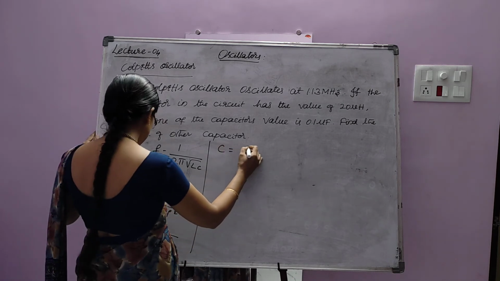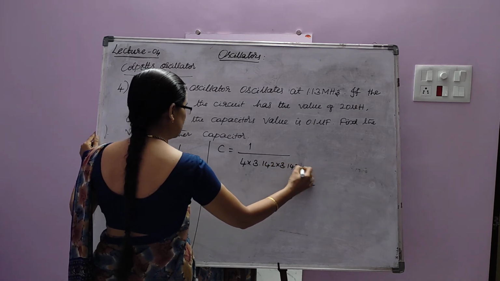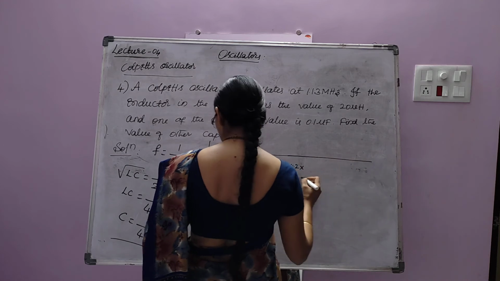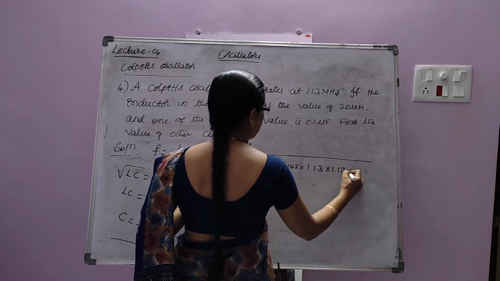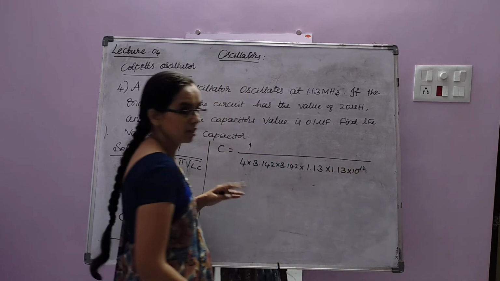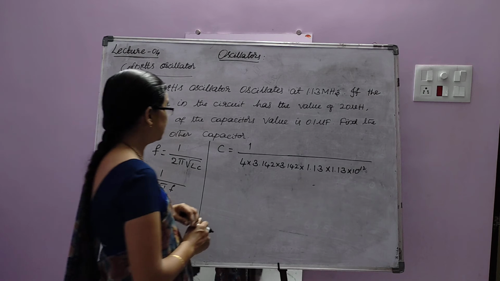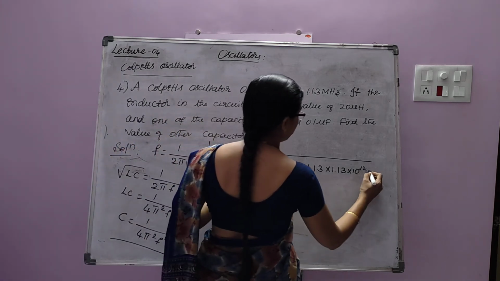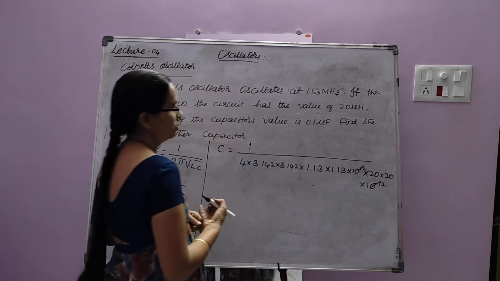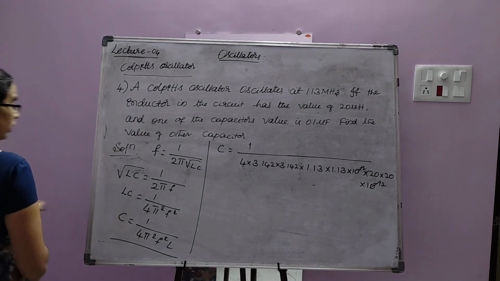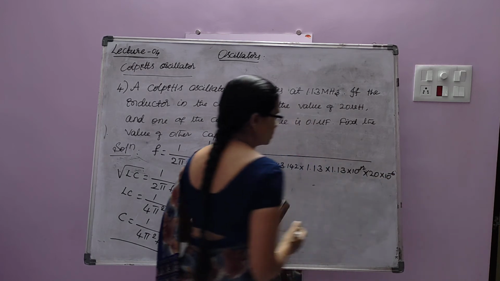First we will find the value of C. 4 into 3.142 into 3.142 into 1.13 megahertz, into 10 to the power of 6 into 10 to the power of 6, it will be 10 to the power of 12, and L is 20 microhenry, 20 into 10 to the power of minus 6.